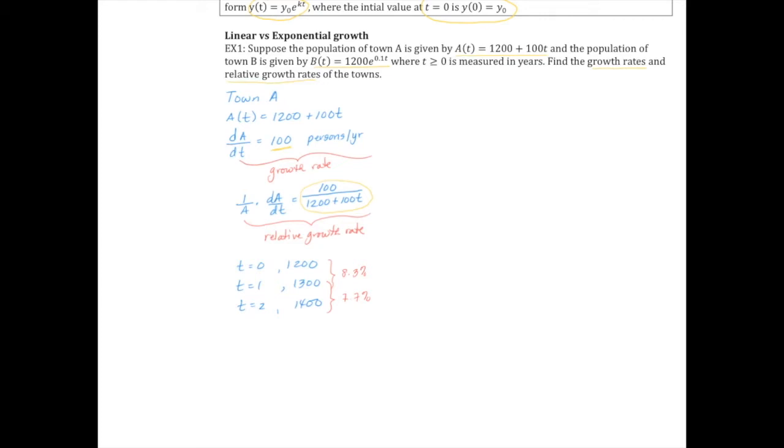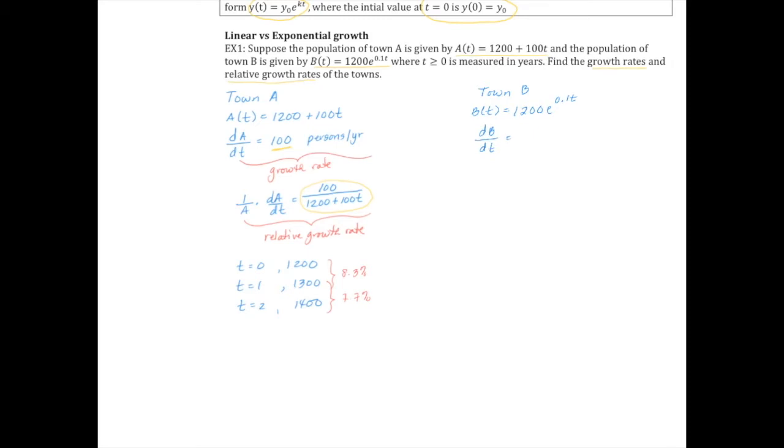So now let's look at town B. And remember, the equation for the population at any time was this exponential function. So it's 1200 times e to the 0.1t. So if we're figuring out the growth rate, we take the derivative of B with respect to t.